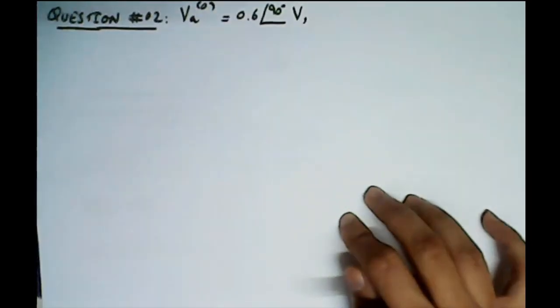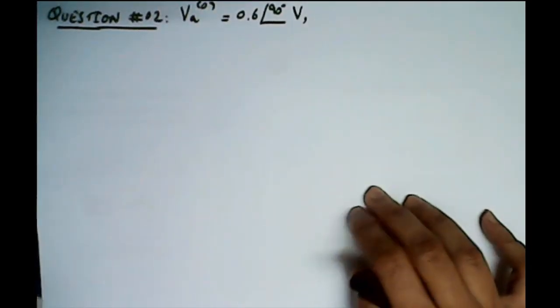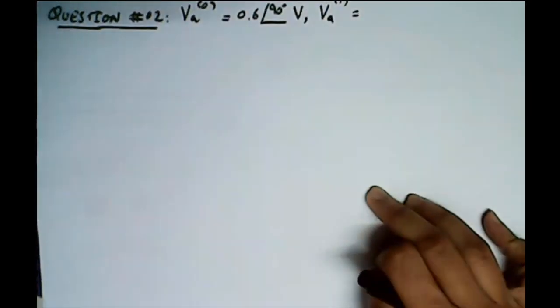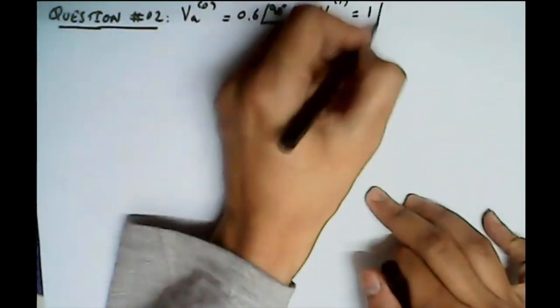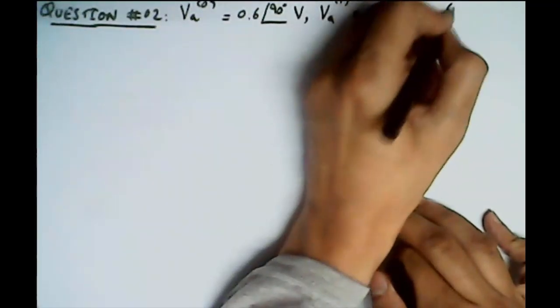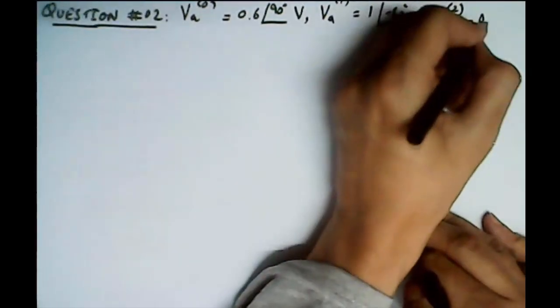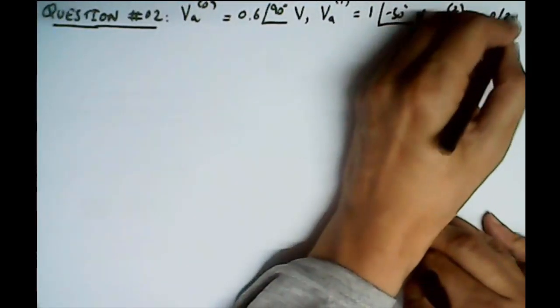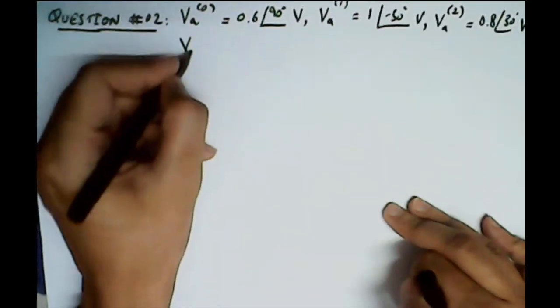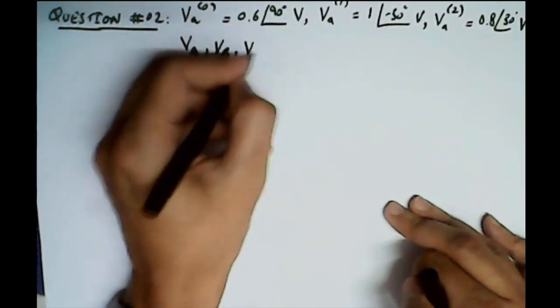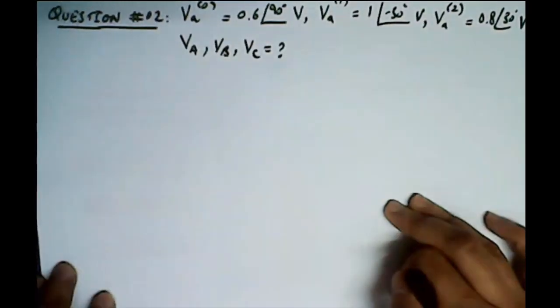This can be in per unit as well. VA1 equals 1 angle minus 30 volts, and VA2 equals 0.8 angle 30 degrees. We need to find VA, VB and VC, right?